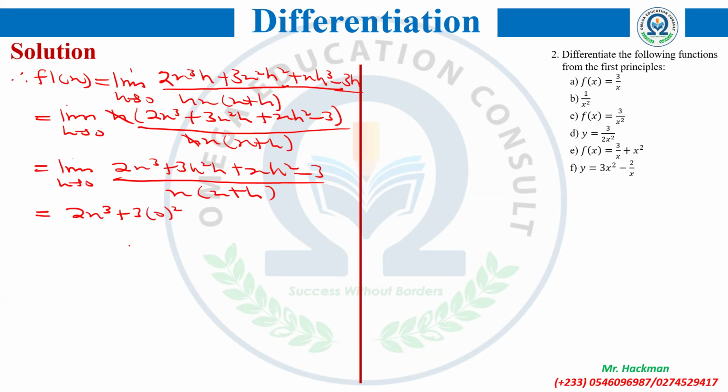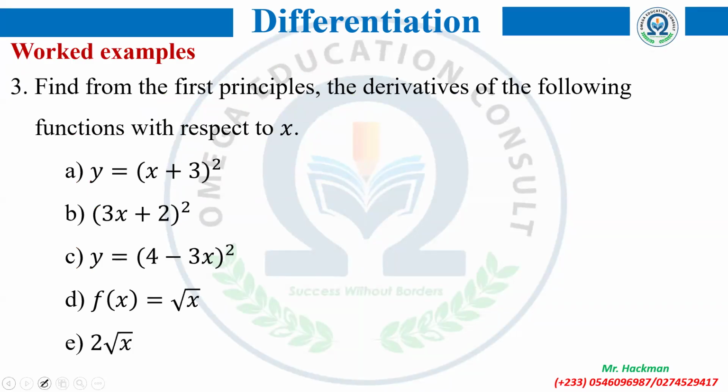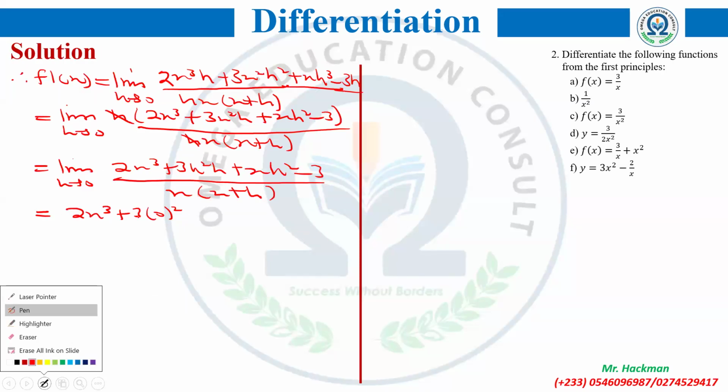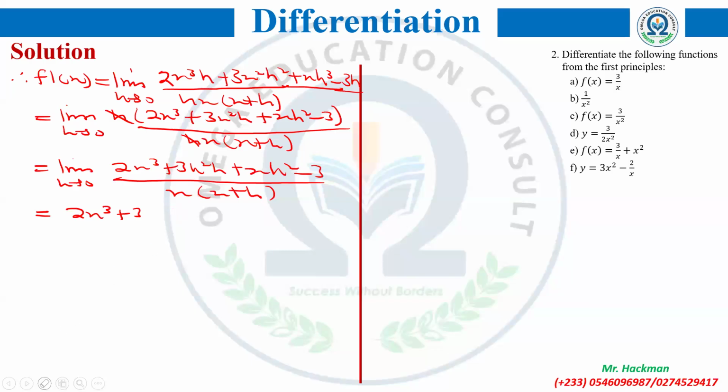So I will get 2x cubed plus 3 into 0 squared. Oh, this one is x, forgive me. It's x squared h. It's the h that should take the 0 instead. Let me write this one. This one is x squared h.